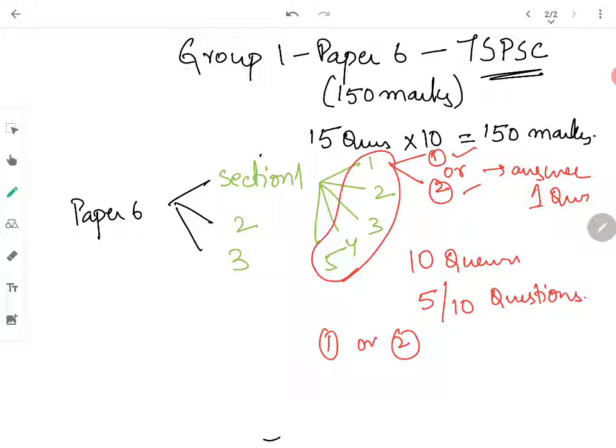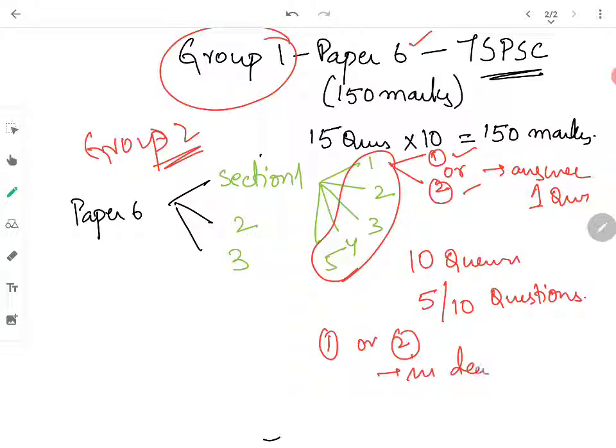Knowing the facts is not enough for group 1 mains or group 2 mains. We need to get into the topic and know the in-depth conditions and reasons of the topic.